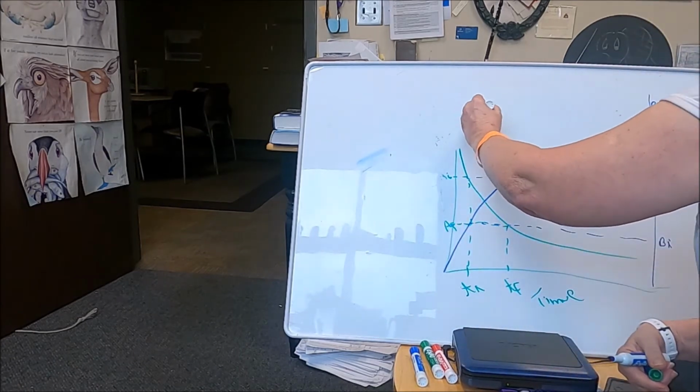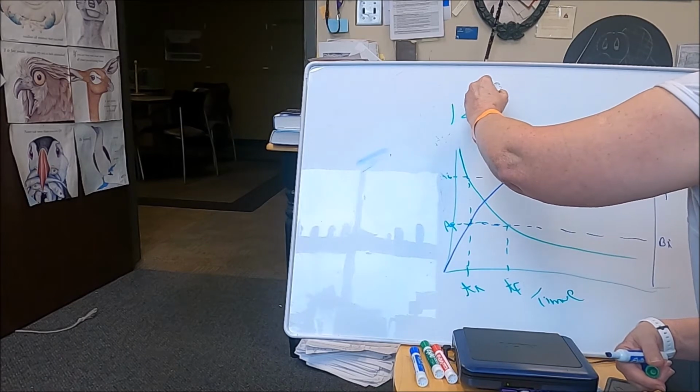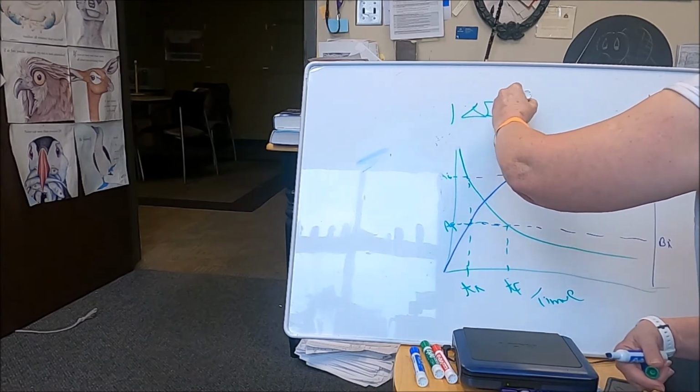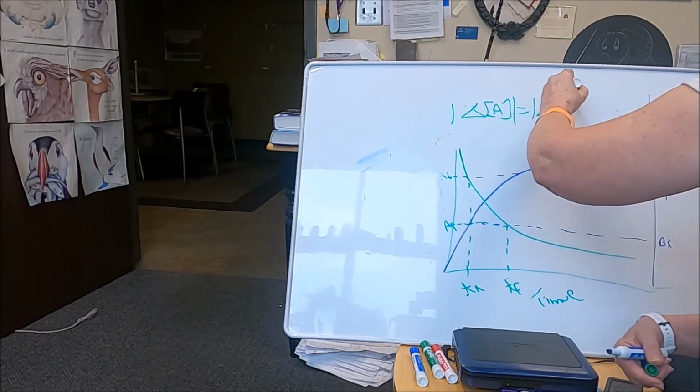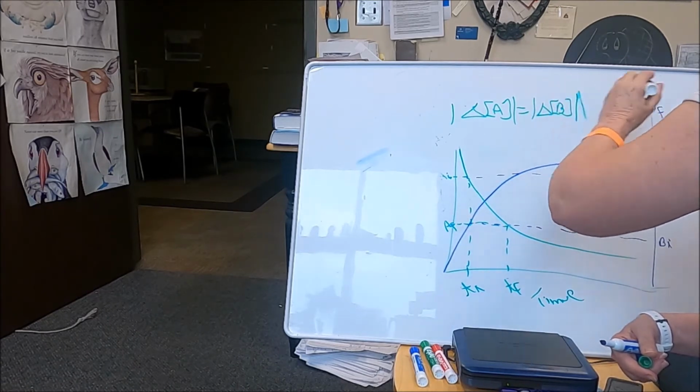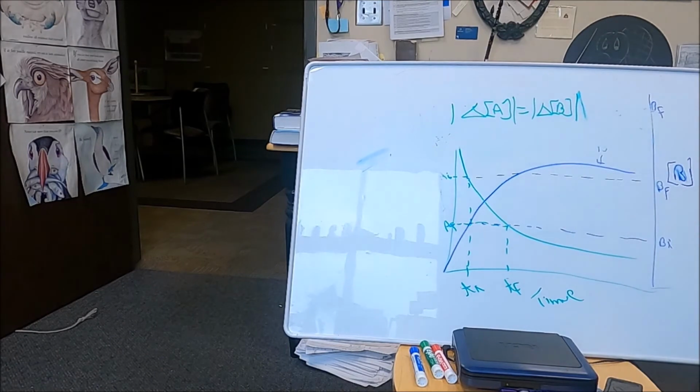The absolute value of the change in concentration of A has to equal the absolute value of the change in concentration of B. Okay, they're the same magnitude. They just have different signs.